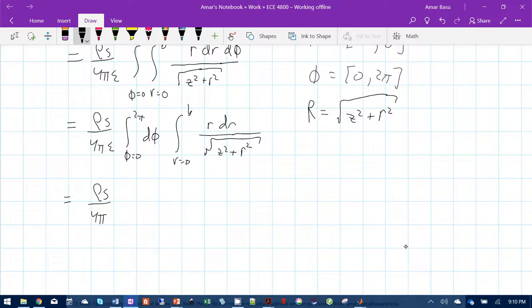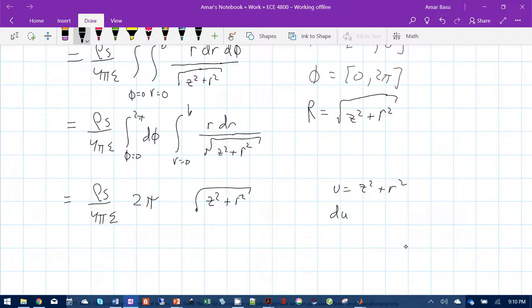4 pi epsilon times 2 pi. So this becomes just the square root of z squared plus r squared, because your u is equal to z squared plus r squared.